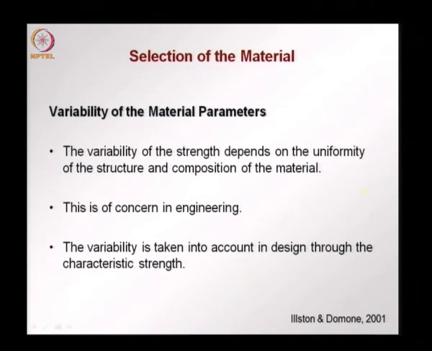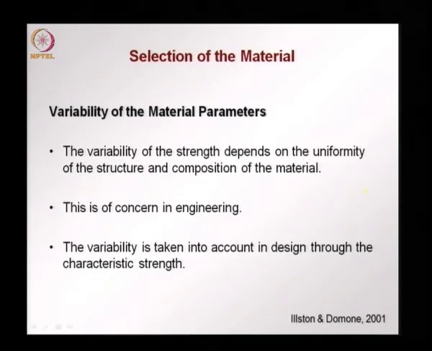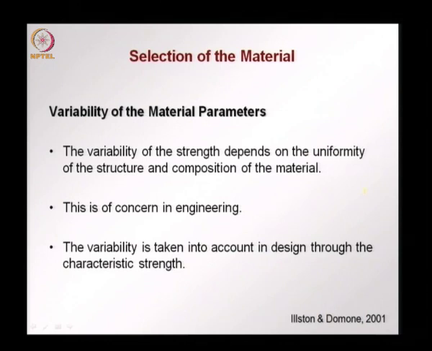Now, another aspect that is very important when we are talking about the choice of a material, other than just the properties and the durability, is the variability of the material properties, say strength. The variability of the strength depends a lot on the uniformity of the structure, meaning the microstructure and the composition of the material.